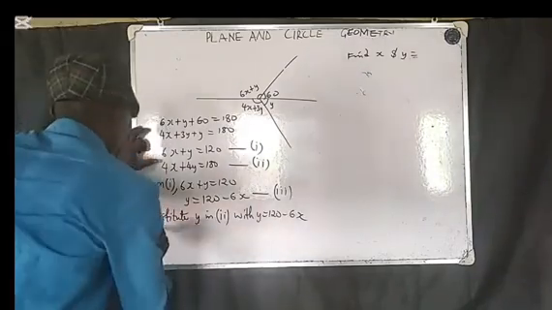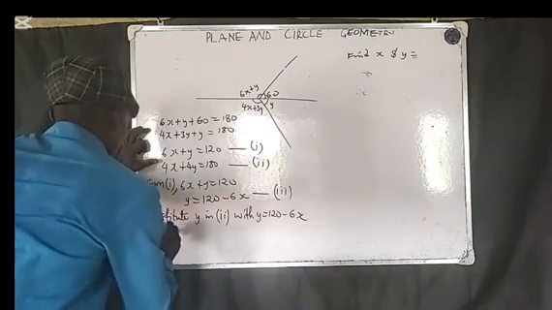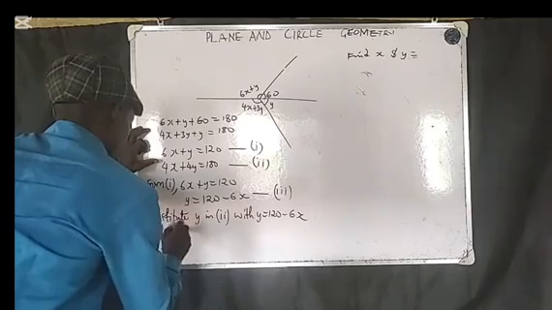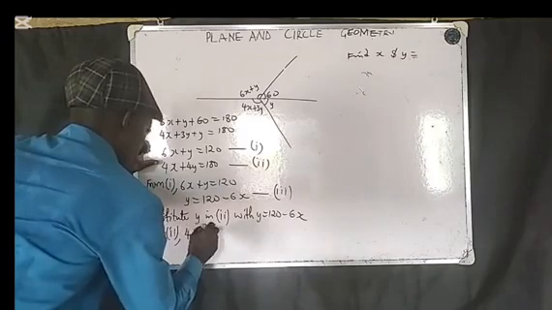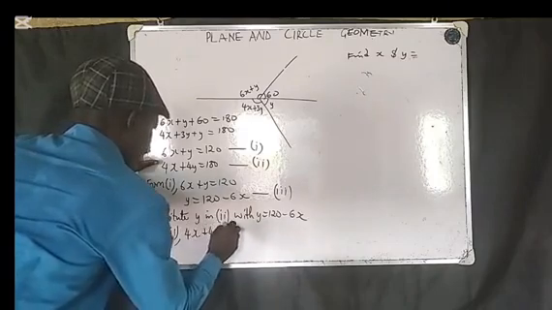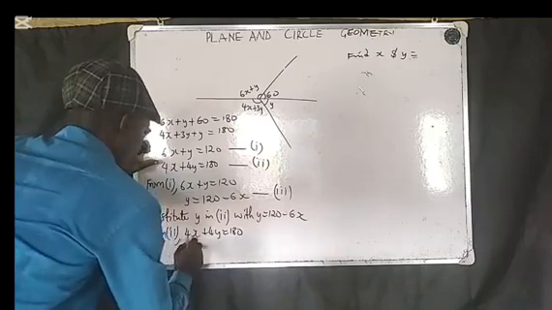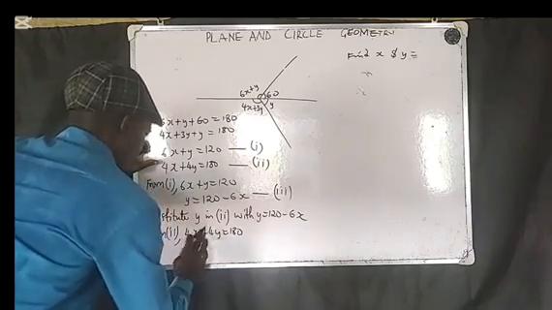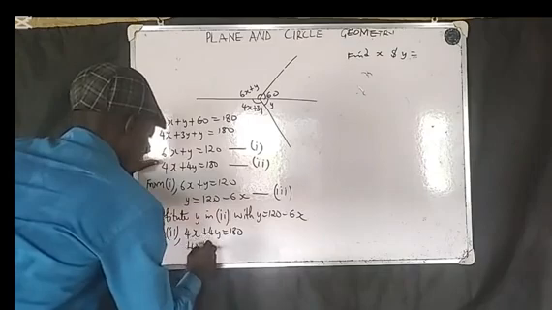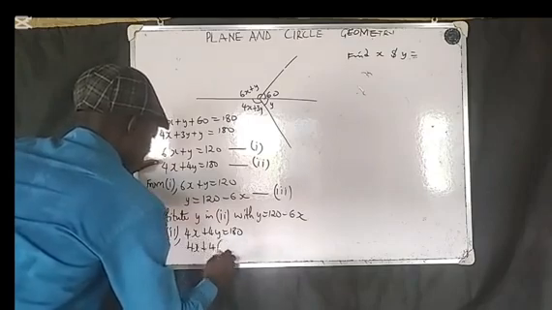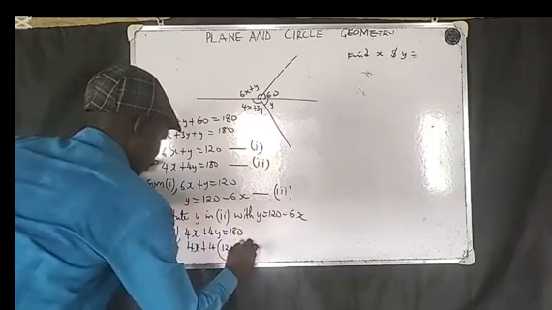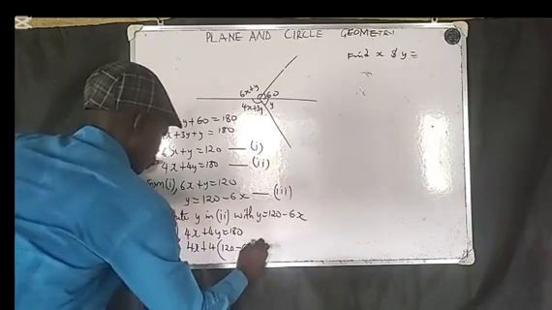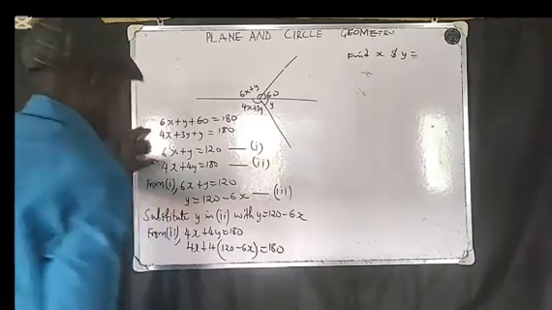From 2, bring out the 2 to avoid mistakes: 4x plus 4y equals 180. 4x plus 4 times y, which is 120 minus 6x, equals 180.